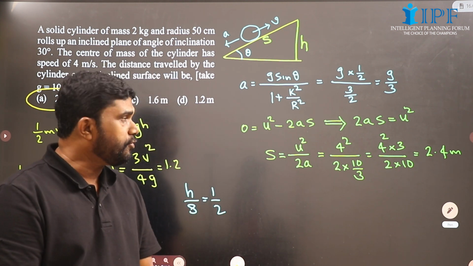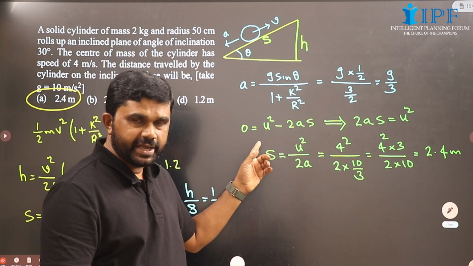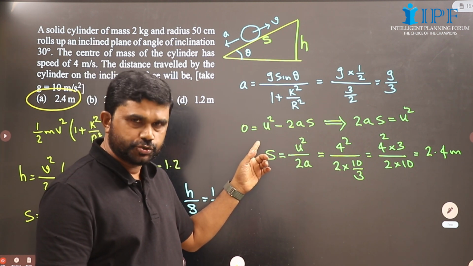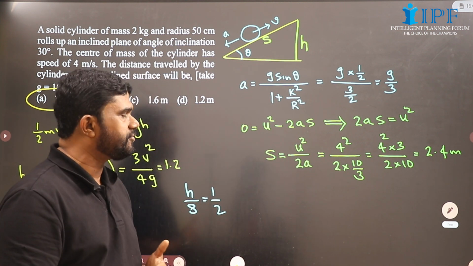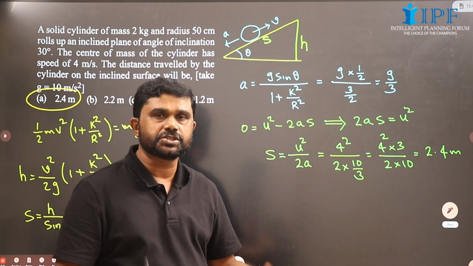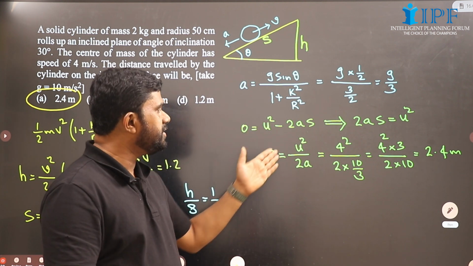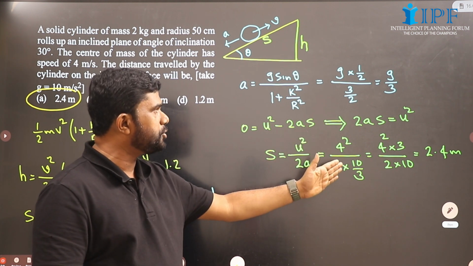Now let us apply v square equal to u square plus 2as. As it experiences retardation, it will be minus 2as, and at the final position its velocity falls to 0. So 0 equal to u square minus 2as, or 2as is equal to u square, and we will have s equal to u square by 2a. So it will be 4 square divided by 2 into acceleration.